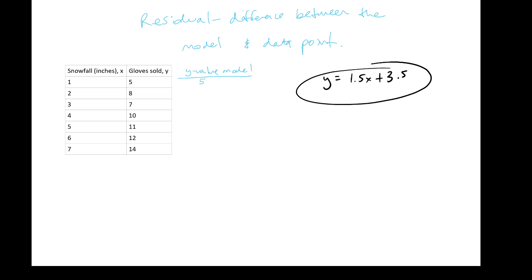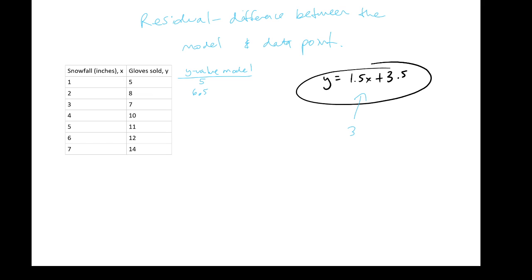Now if we input 2 for x, 2 times 1.5 is 3, plus 3.5 is going to be 6.5. There's a constant increase, so this is linear, and each time we add a common difference of 1.5. If that didn't make sense to you, just continue to input.